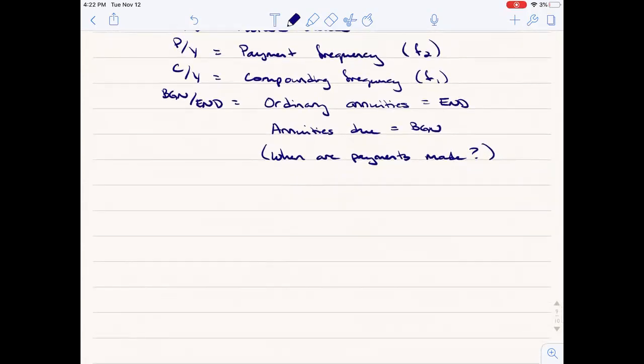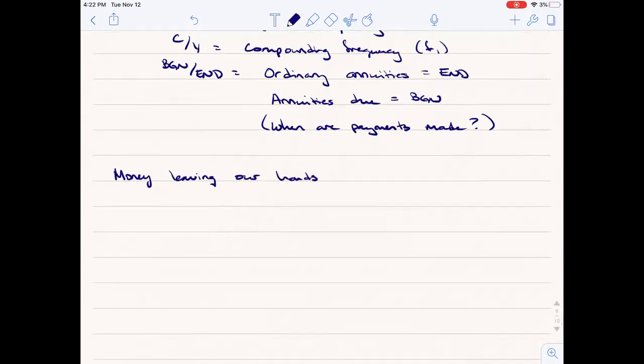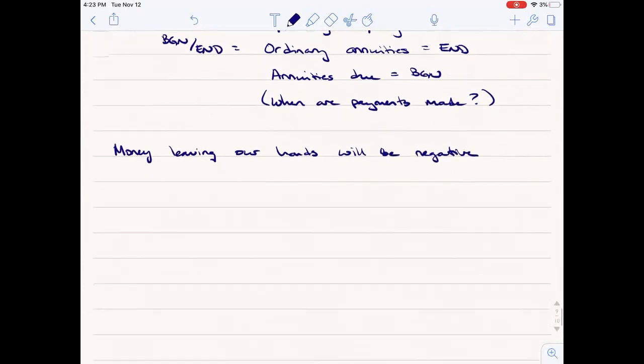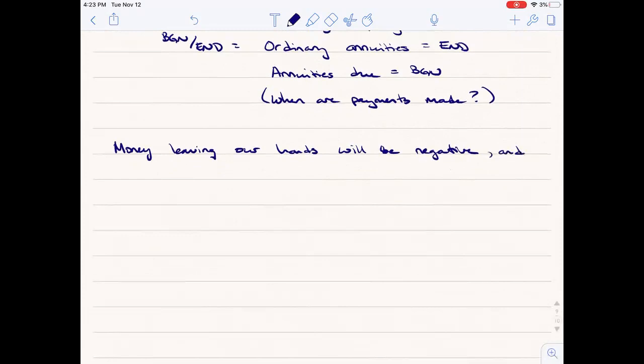And so money leaving our hands will be negative and money coming to us will be positive.